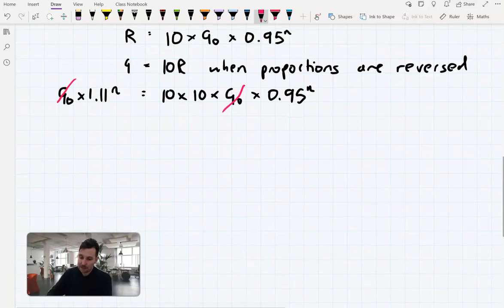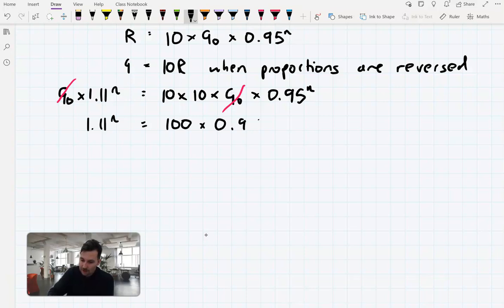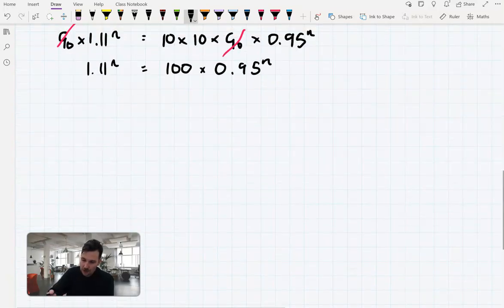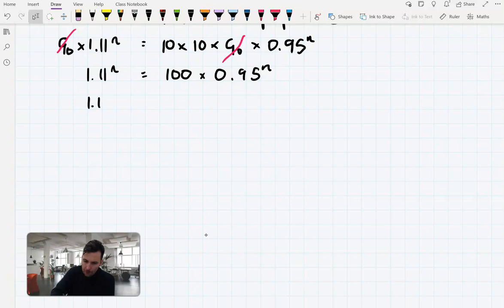And what it's going to leave me with on the left is 1.11 to the power n equals 10 times 10, which is 100, times 0.95 to the power n. Quick little rearrange of that: 1.11 to the power n over 0.95 to the power n is equal to 100.